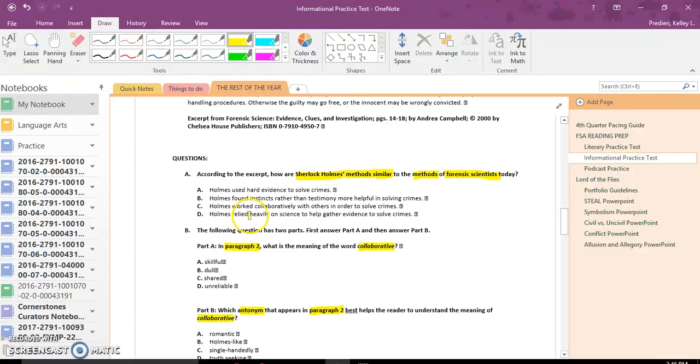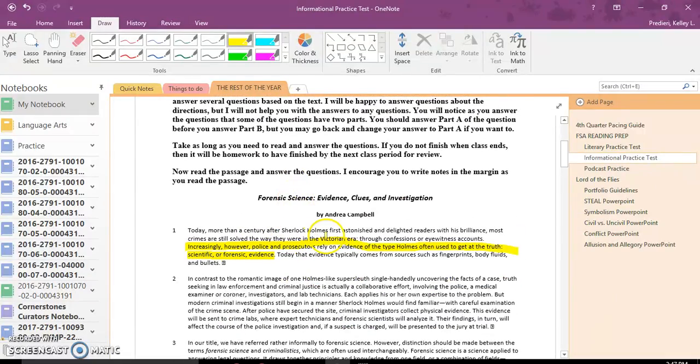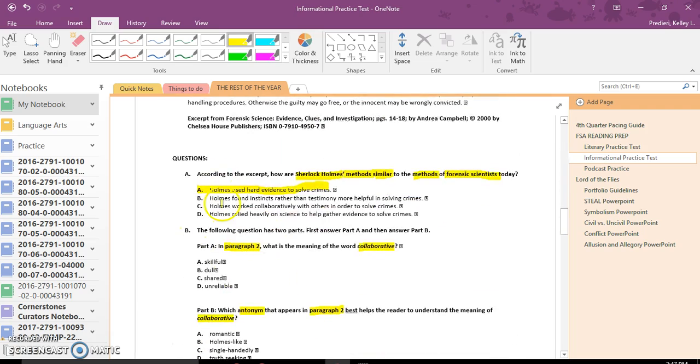Okay, so although this is kind of true, he relied on science, he really gathered evidence through careful examination rather than scientific methods because he did not have forensic science like we have today. So we are going to go with number A because of that statement in paragraph 1 that we highlighted. Police and prosecutors rely on evidence of the types Holmes used often to get at the truth, scientific or forensic evidence. That forensic physical evidence is what that's telling us.